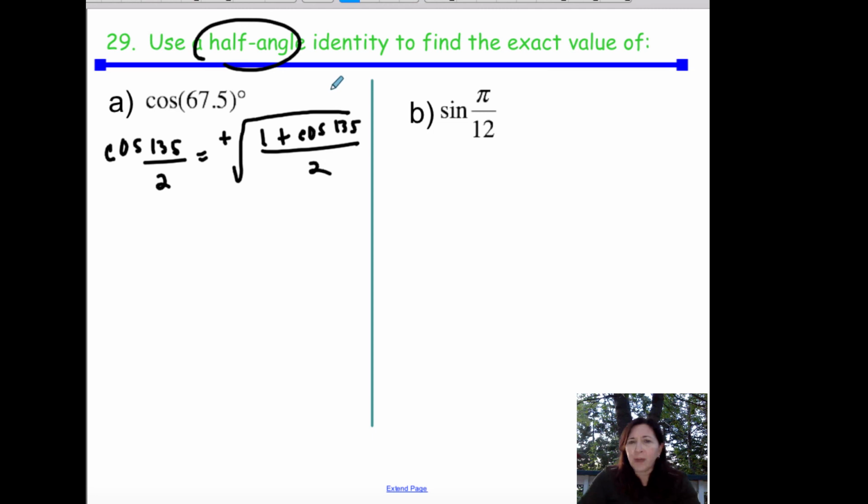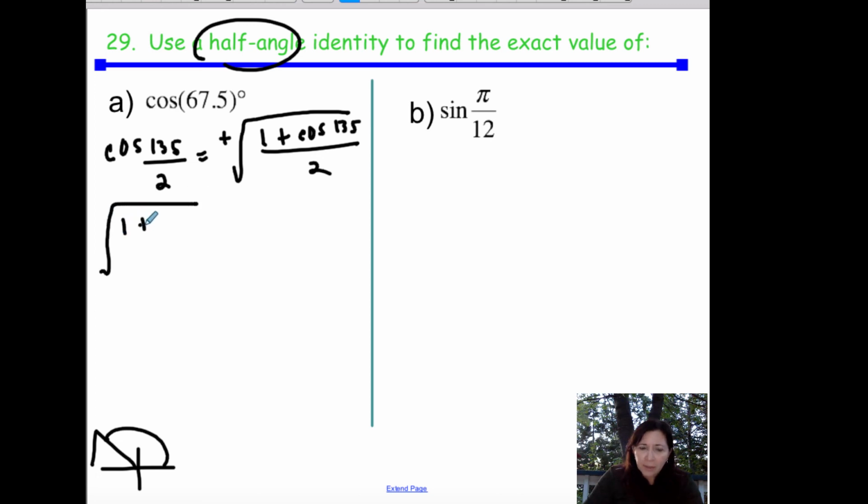So cosine of 135, if you think of that, 135 is over here, and it's a 45-degree reference. So we know it's root 2 over 2, but because it's in the second quadrant, cosine is negative. So what that's going to be is the square root of 1 plus this value, which is going to be negative root 2 over 2, all over 2.